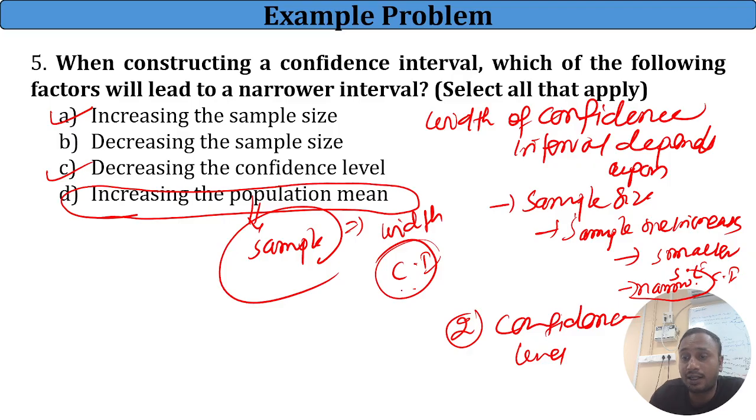I think this is clear, because we know the formula here, Sir: standard error.